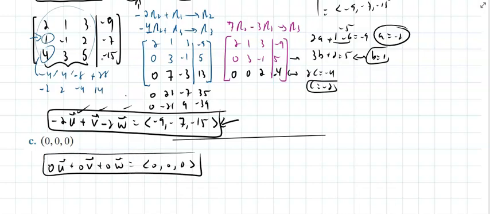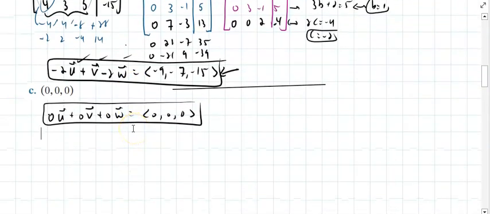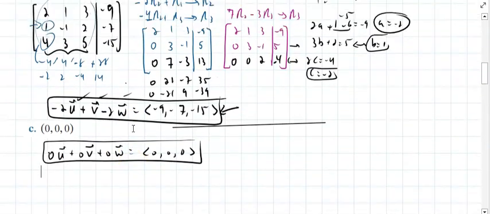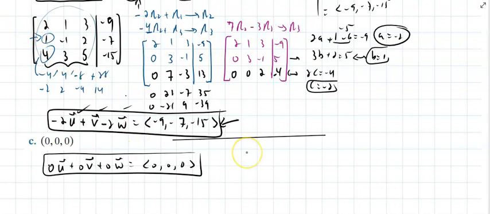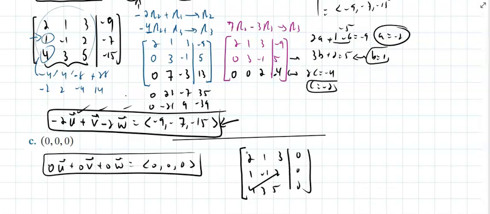Very easy to show. I don't have to solve any of those. Of course, you can set them up and solve them if you want. That would be 2, 1, 3, 1, negative 1, 2, 4, 3, 5, 0, 0, 0.